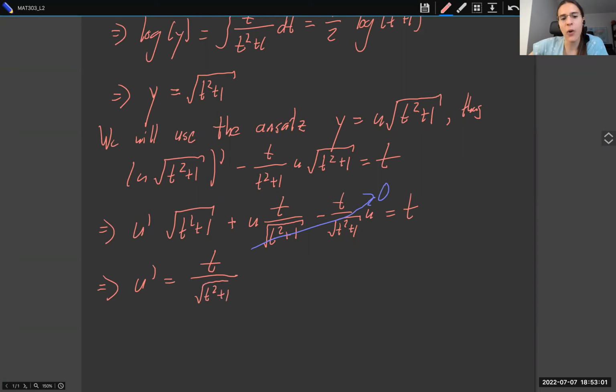Okay, and now I'm sorry, but usually you'd have to integrate this, but we know what the integral of this is because we just differentiated something, right? So I think we remember what the integral of this expression is.